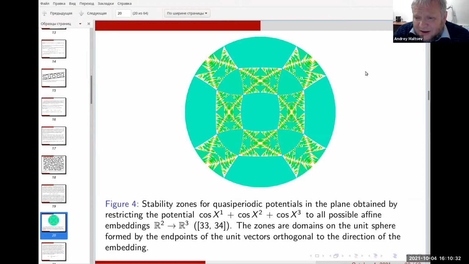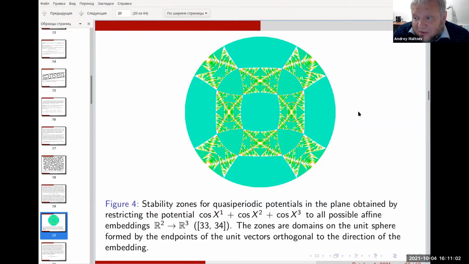For example, here we show some example. This is the unit sphere, and it parameterizes the embeddings of two-dimensional planes into three-dimensional space. So if we just have an embedding of a two-dimensional plane into three-dimensional space, we can consider the orthogonal vector, a unit orthogonal vector, and the endpoints of such vectors, they give us a unit sphere, yes?